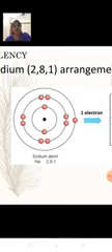Then only it will follow the octet state. Octet means 8. So if an atom has 8 electrons in the outermost shell, it will achieve the octet state or become stable. And in the case of sodium, it has only 1 electron.